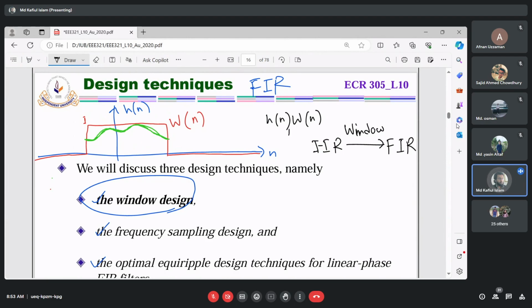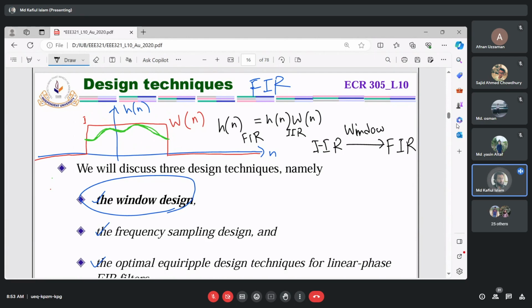Previously it was IIR, but multiplying with wn, the window, it becomes another hn, but this time it is an FIR hn. So that's what we are saying: window design techniques make an infinite duration into finite duration.